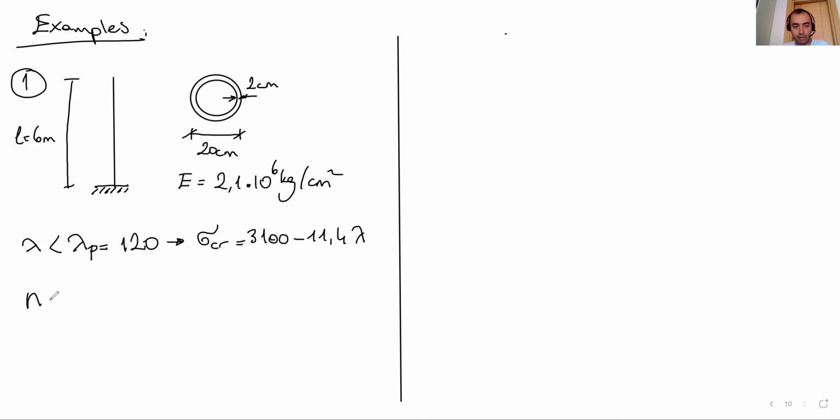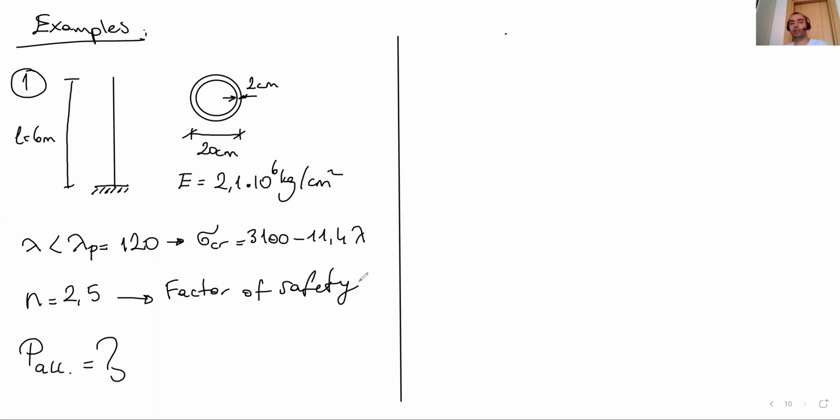The N is 2.5. According to all given data, what is the P allowable? Remember, N is the factor of safety.